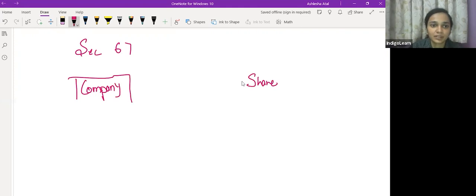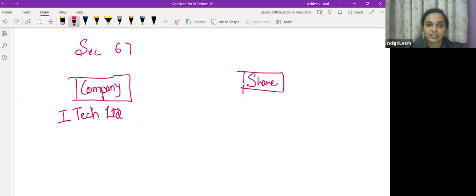See, the name of this company is iTech Limited. And these company shares are listed. Market में trade होते हैं इसके shares. Now the question comes is what determines the price of the share?